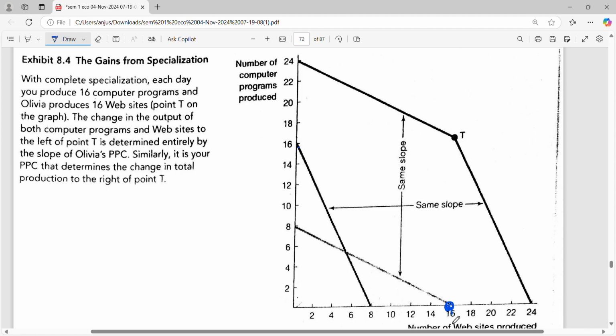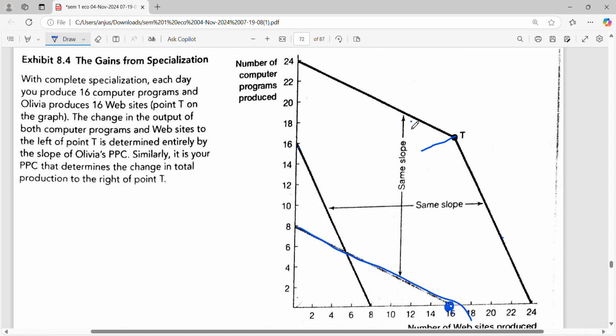So the change in the output of both computer programs and websites to the left of the point T is determined entirely by the slope of Olivia's PPC. Left of point T means this point T coming here. So this is Olivia's PPC.